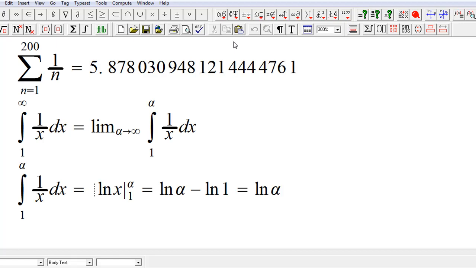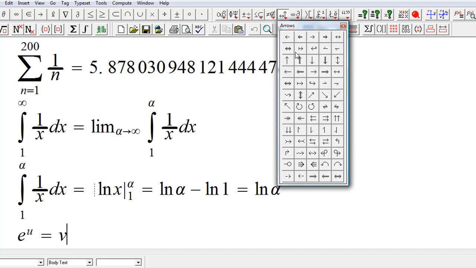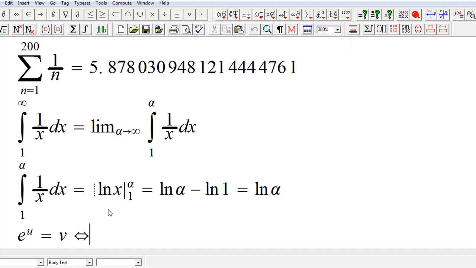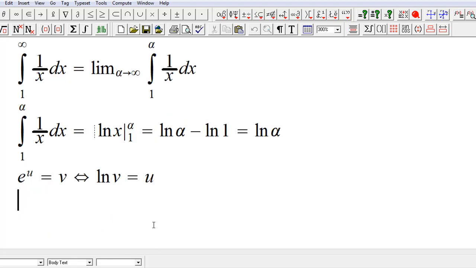I know that this isn't the time, but I never really did understand. Okay, let me just show you this. See this here? If e to the u is v, then the natural log of v is u.